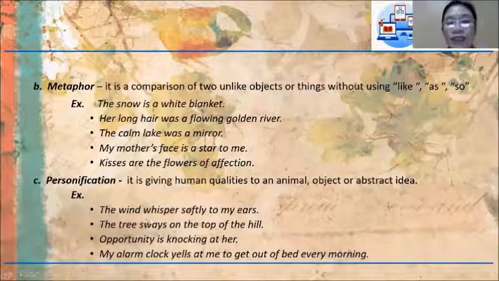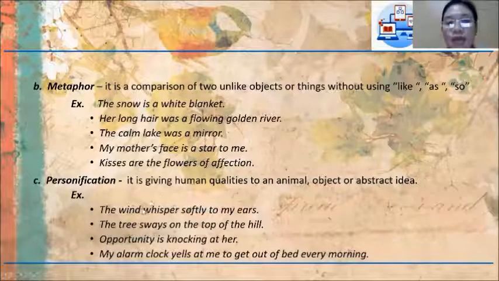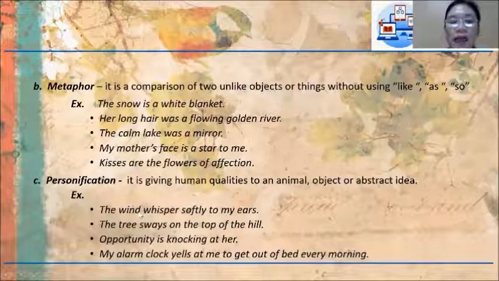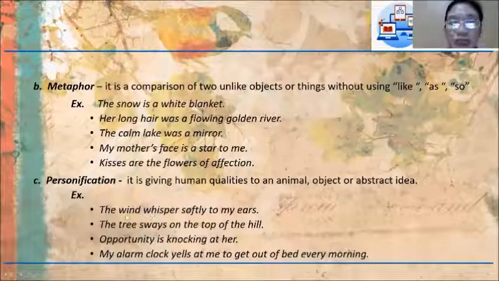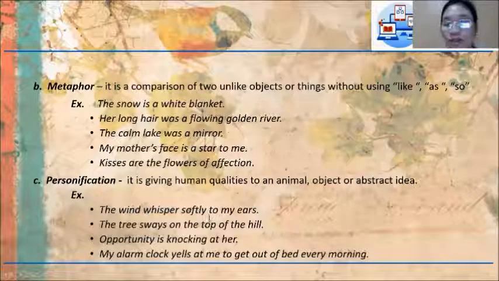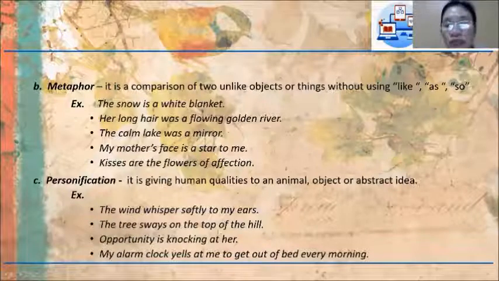Now, in this example, we are giving the human quality of whispering to an inanimate object, the wind. And therefore, this is personification. Now, the tree sways on the top of the hill.